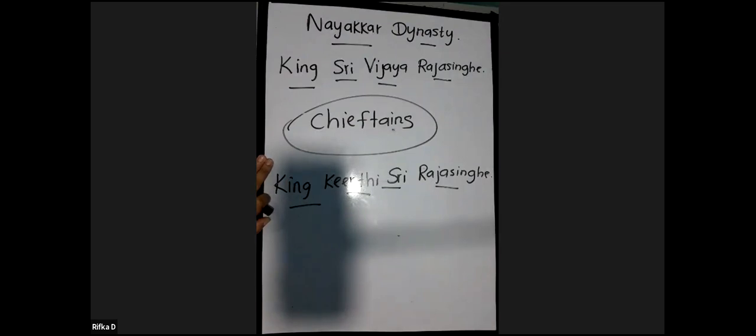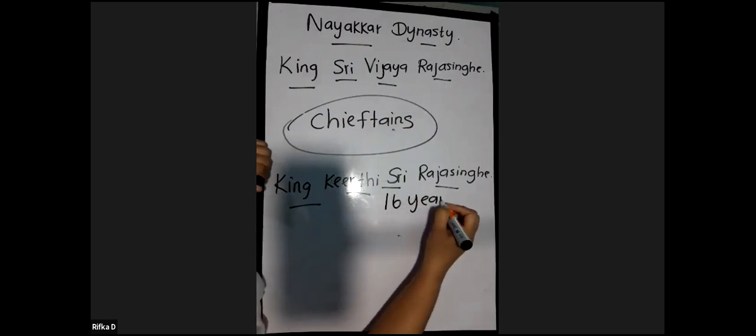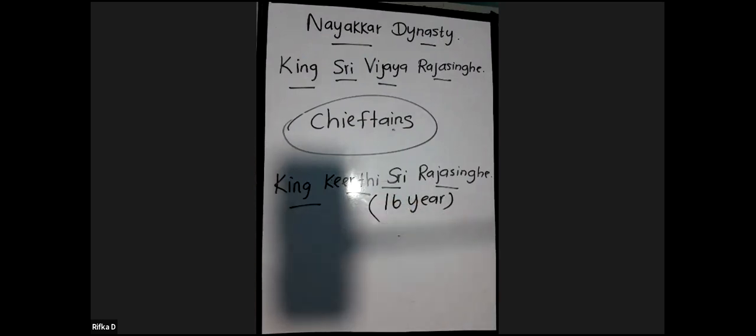It has been recorded that King Kirti Sri Raja Singha was very young. When he became the king, he was just 16 years old, it seems.